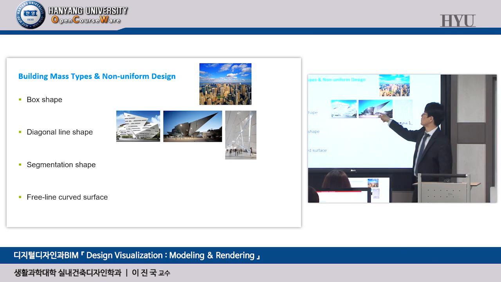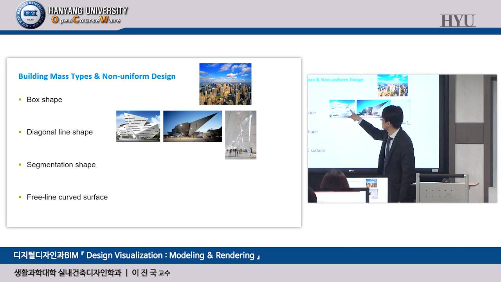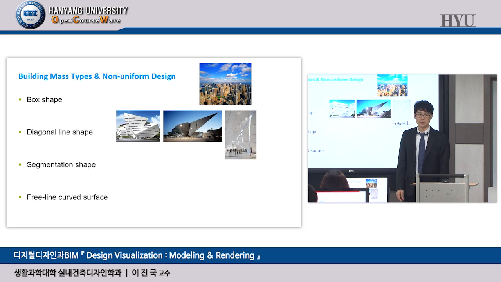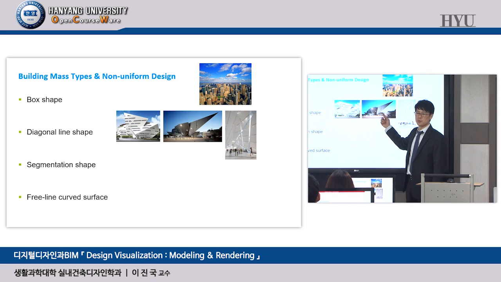Take a look, diagonal lines, and they look somewhat linear, but of course not box shape, okay? What is this building? Who designed this building? Denver Art Museum, designed by Zaha Hadid, okay?